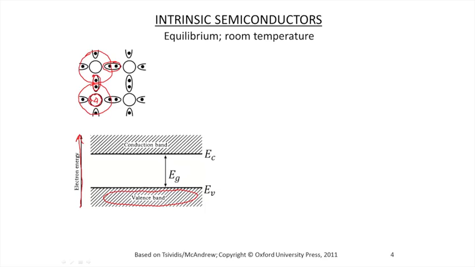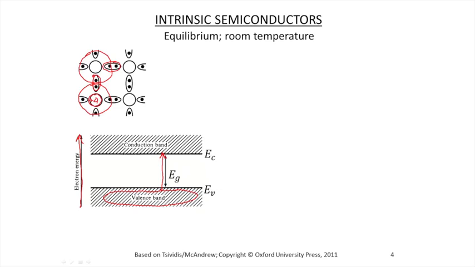If you increase the temperature, thermal agitation in the crystal lattice starts, and sometimes it imparts enough energy to make an electron jump all the way from the valence band to the conduction band. This means that now the electron is free to leave the covalent bond and to wander around the crystal lattice.